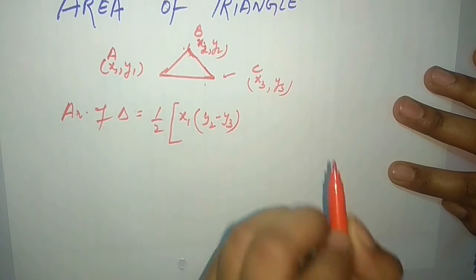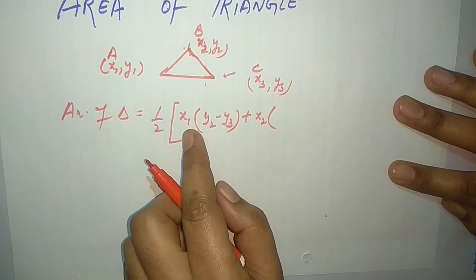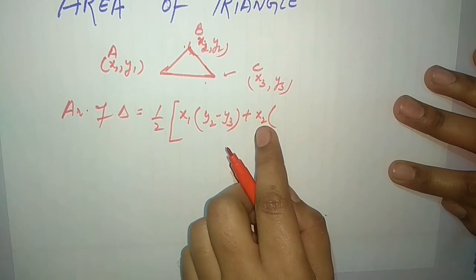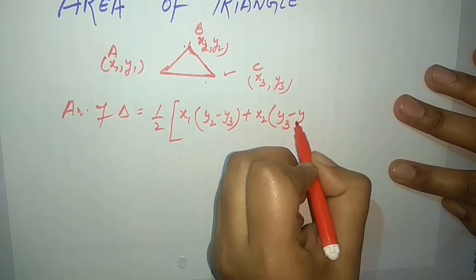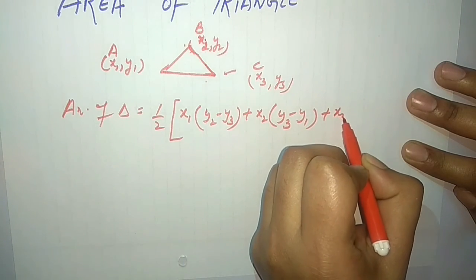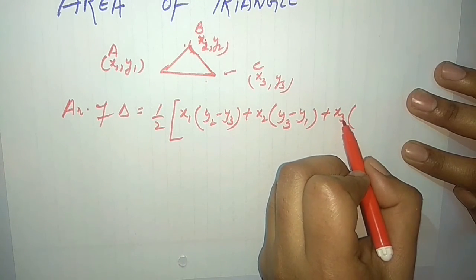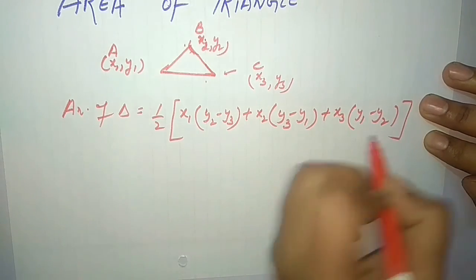This is the way of learning the formula. After that, x2, then after 2 we have 3, then again 1: (y3 minus y1). After x2 we have x3, and in the bracket after 3 we have 1: (y1 minus y2). This is the area of a triangle.